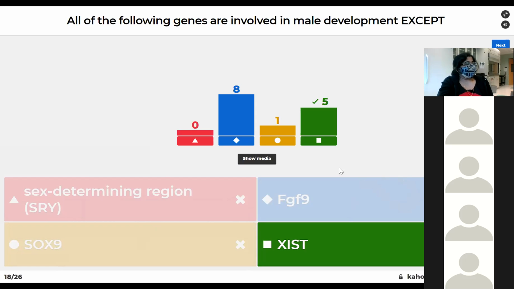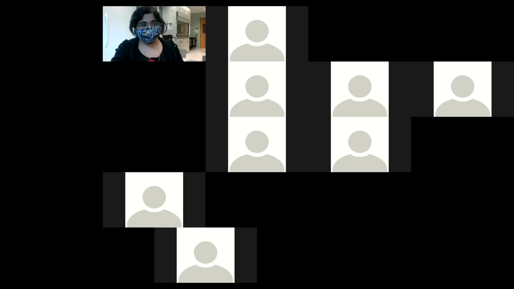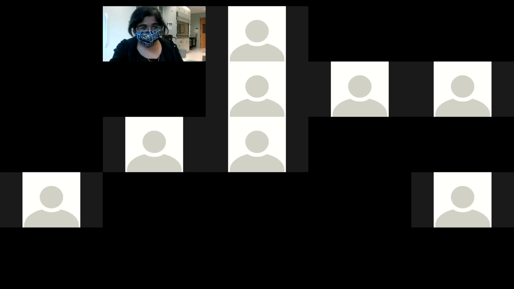Even without knowing these two, you can automatically think of this one because X is part of the X inactivation center. So that is not in males, okay? That is only in females with their multiple X chromosomes, right? Does that make sense? So I think we'll have to stop there because we're out of time now.